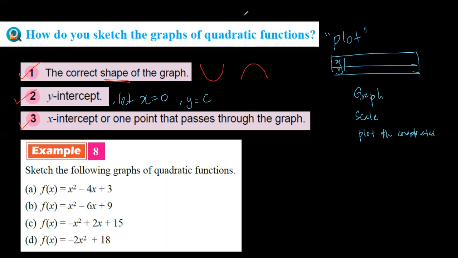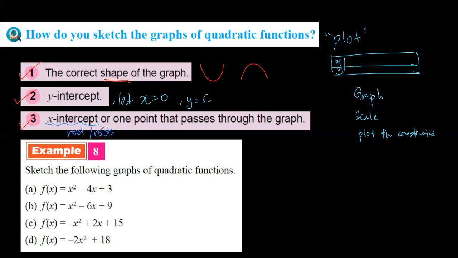So what is the x-intercept again? The x-intercept is the root or roots. For a quadratic graph, there could be three situations. It could touch the x-axis at one point, it could cut through the x-axis at two points, or it could not intersect the x-axis at all.